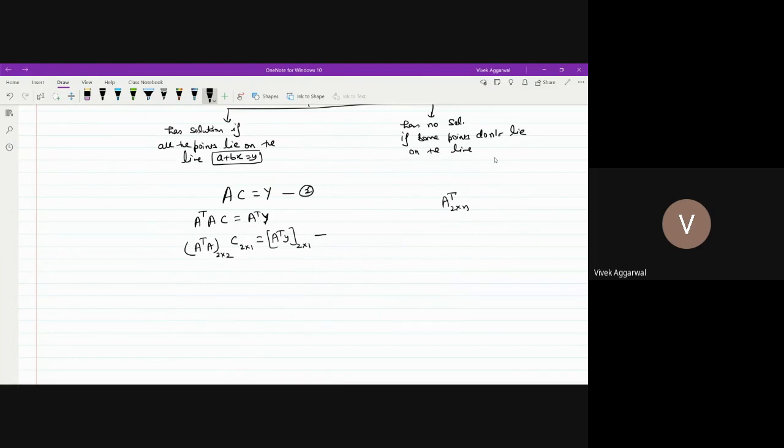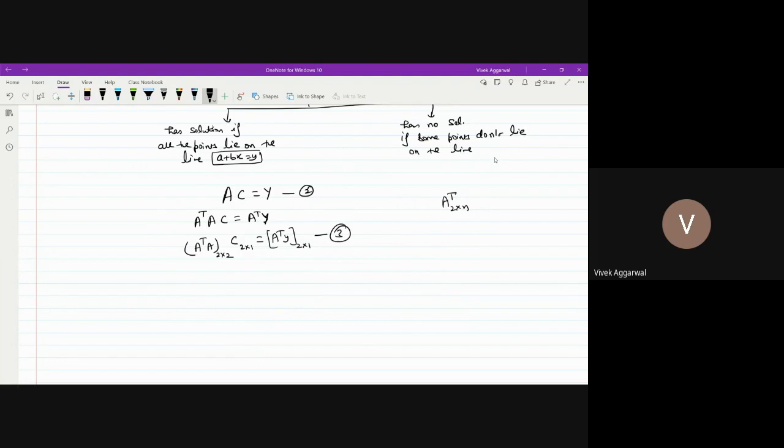Now this system is going to have a solution if the matrix A transpose A is non-singular. Then it is going to have a unique solution. How can we say that this matrix A transpose A is always non-singular?